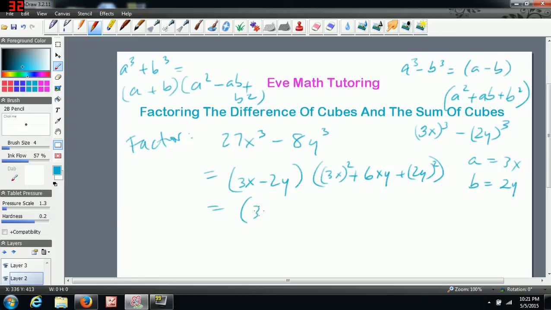If we simplify it a little bit further, we get 9x squared plus 6xy plus 4y squared. So that would be your final answer.